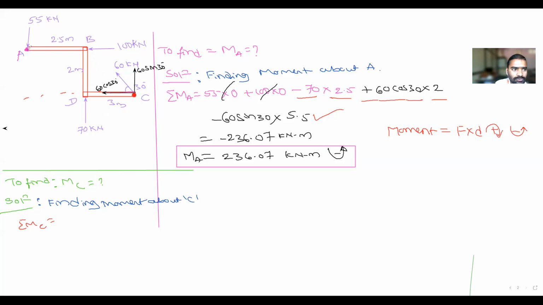There is no other force, only 55 is there. Is it moving clockwise or anti-clockwise? Anti-clockwise. That is minus. It is 55 kilonewton force into how much is the distance between A and C? 5.5 meter.